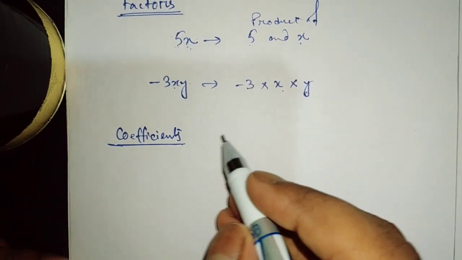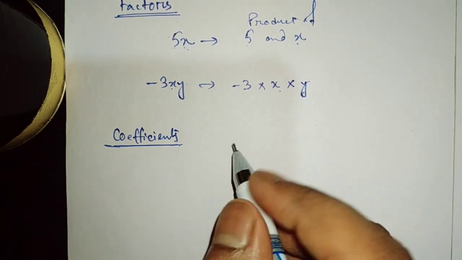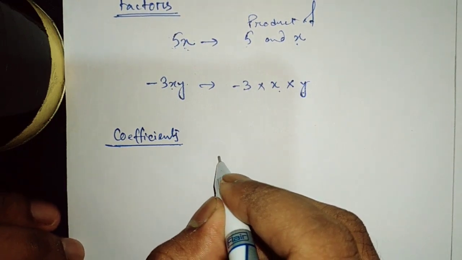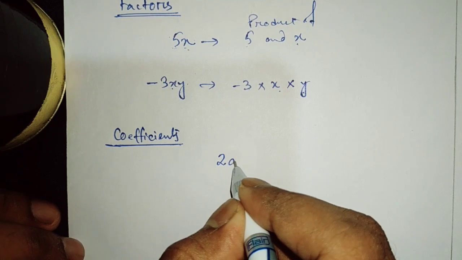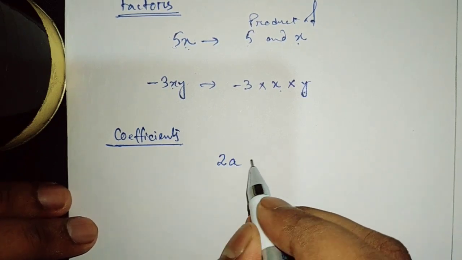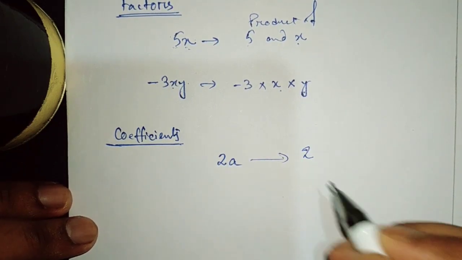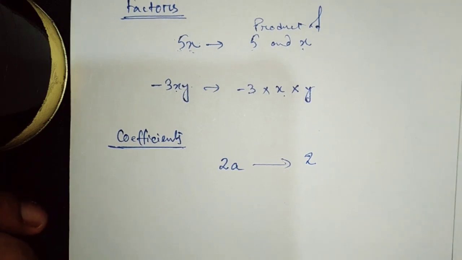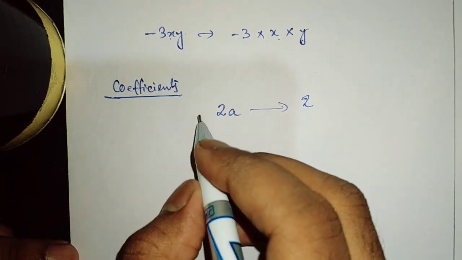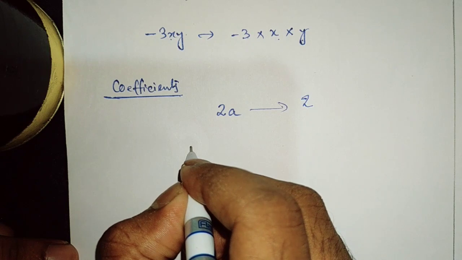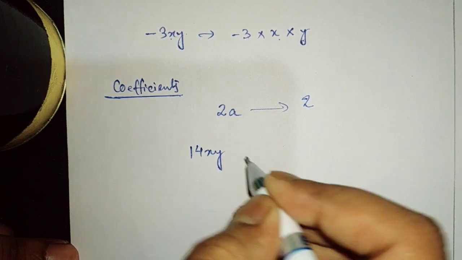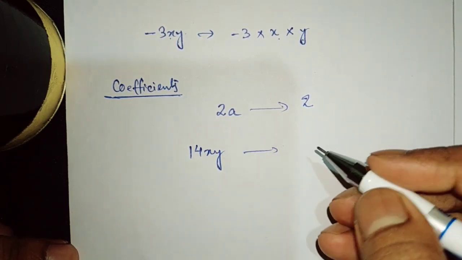Similarly, if you take another example, say 2a, what is the coefficient here? 2, simply. If we say 14xy, what will be the coefficient?